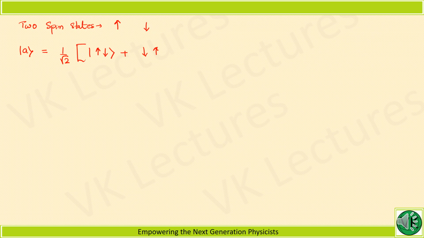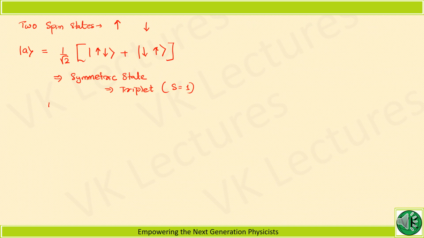If you have two states up and down for the two particles, then their combination will be this way. Now this corresponds to the symmetric state, which means it is a triplet. Why triplet? This is a symmetric state, triplet, and S is equal to 1.